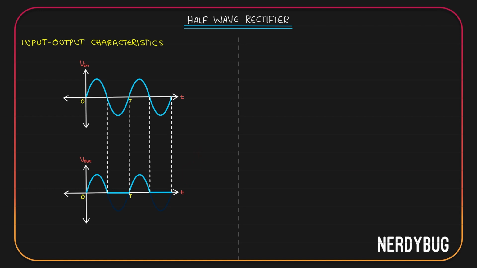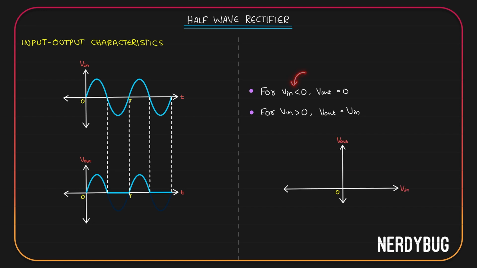How about now we try to plot the input-output characteristics? We saw that for V input being less than 0, V output is simply equal to 0. For V input being greater than 0, V output is exactly equal to V input. We want to plot V output versus V input, taking V output on the y-axis and V input on the x-axis.